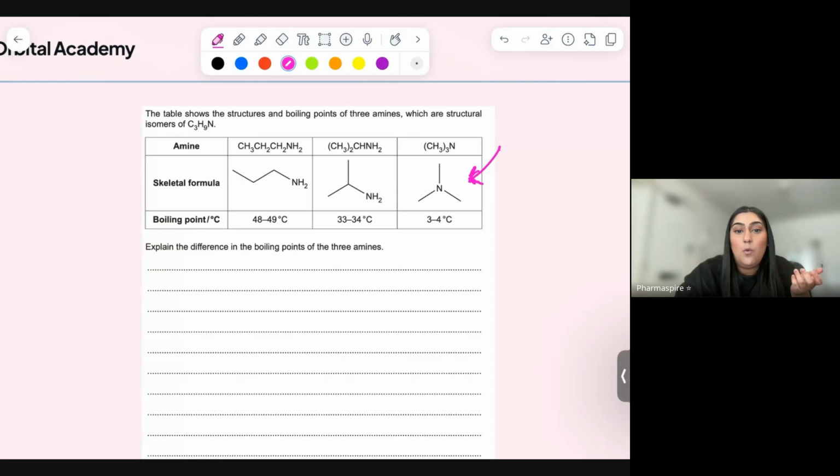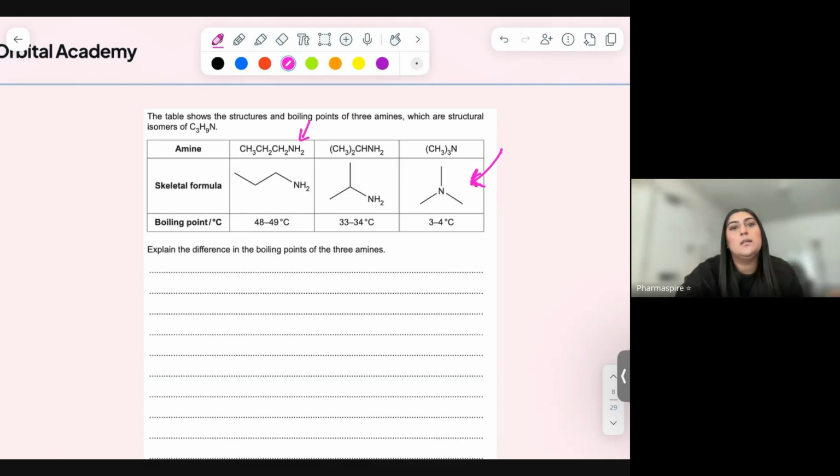That one has no hydrogen bonding in comparison to the other ones that do have hydrogen bonding. We also need to talk about chain length. You've got one here which has really, really long chains, and you go back to AS and think, longer chain, more surface contact points. Then you need to talk about hydrogen bonding, and then you order them based on that. Cool? I'm not going to spend too much time on that one. I think everyone's happy with that.